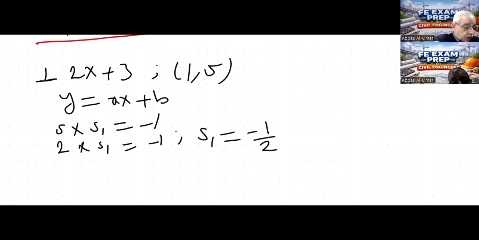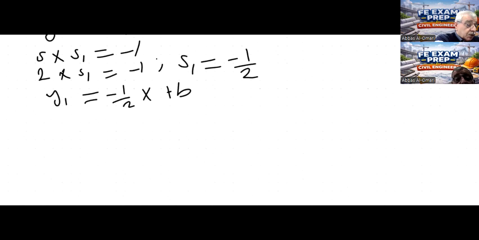So now we can write y equals -half x plus b. Now we still want to find the b. So we know one point on the line, which is 1 and 5. So substitute this point into this equation.